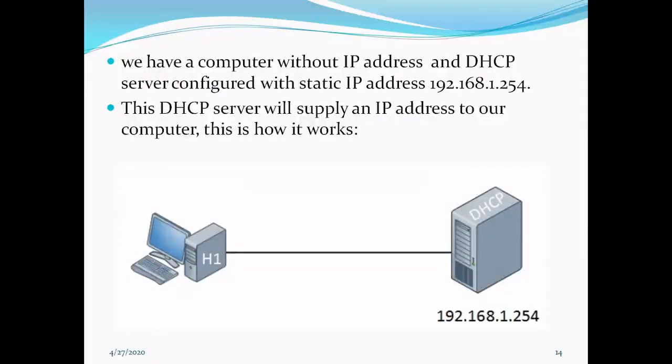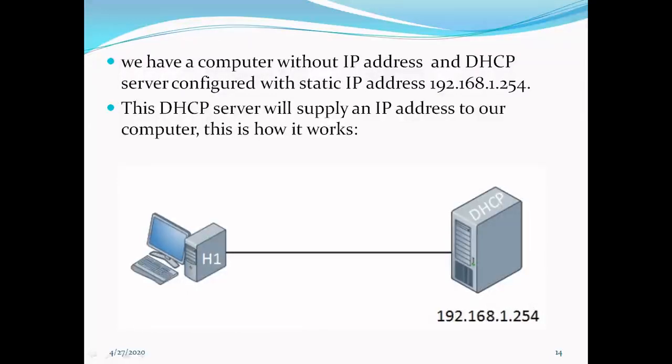We have a computer without an IP address and a DHCP server configured with a static IP address, let us say 192.168.1.254. Now the DHCP server will supply an IP address to our computer using the following method. Let us say H1 is a host which wants to communicate over a network.